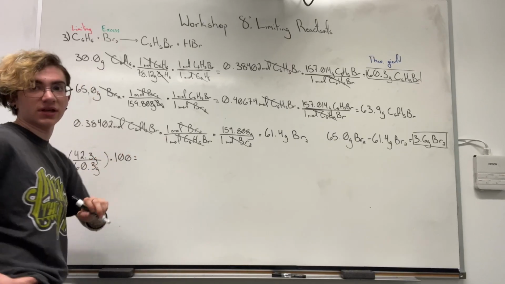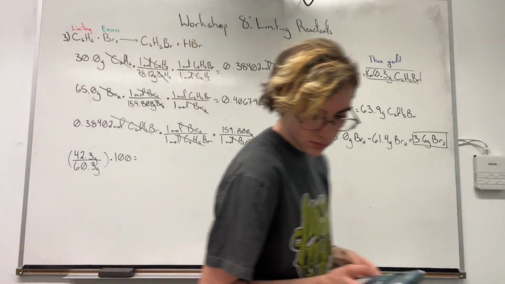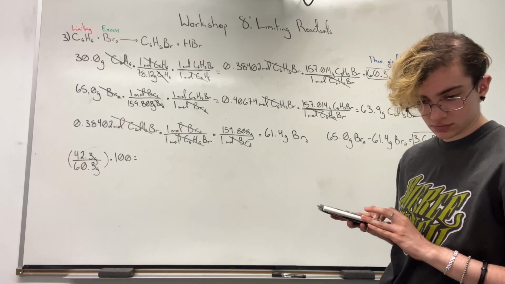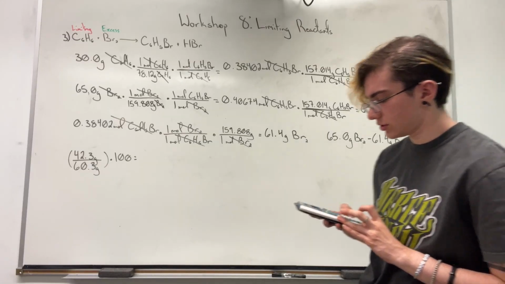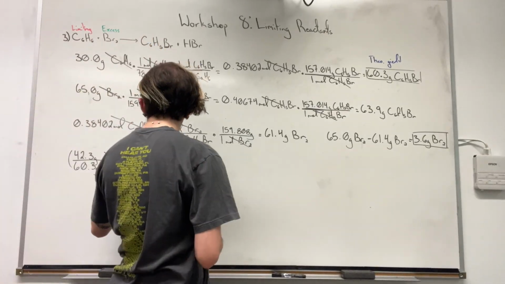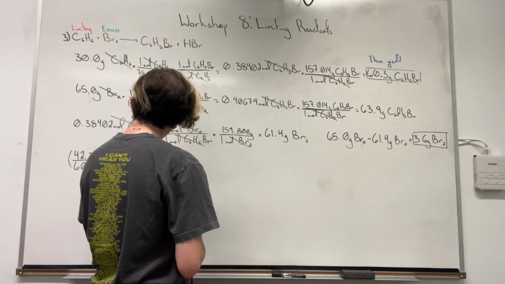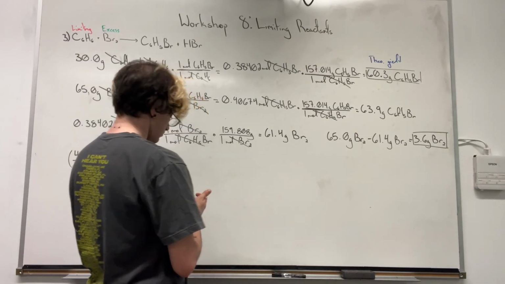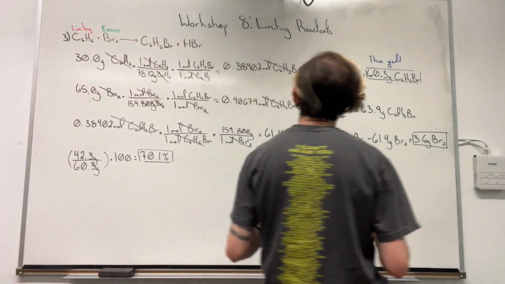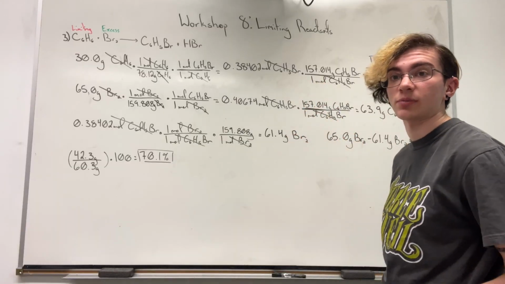And so as a percentage, we have a percent yield of 70.1. And the calculations become very repetitive very quickly, which means you get a lot more practice each time you go over one of these problems.